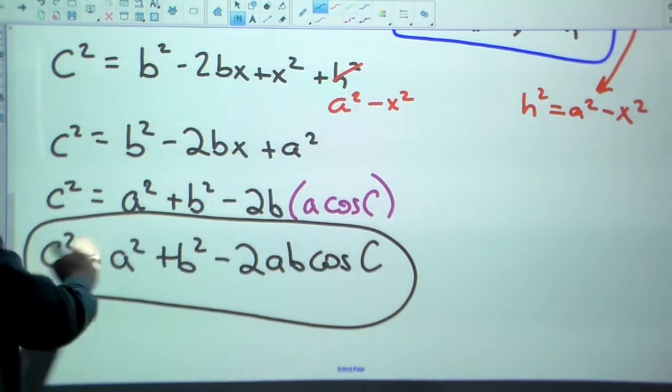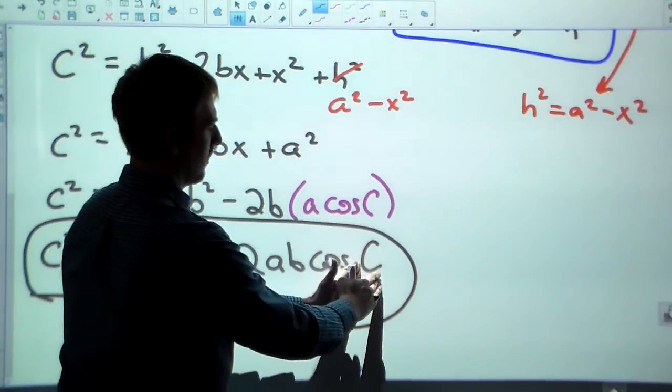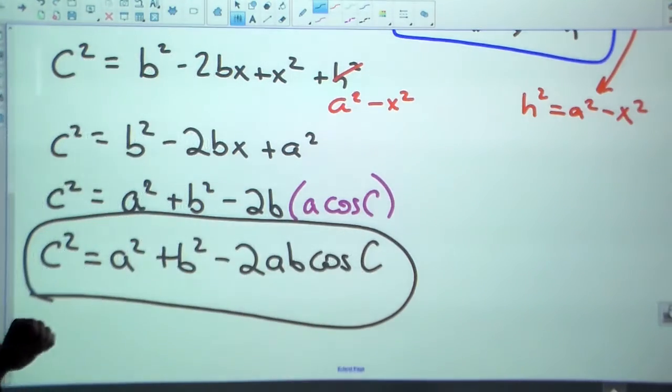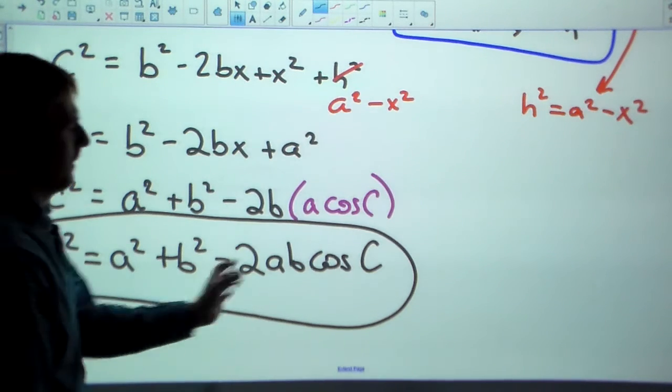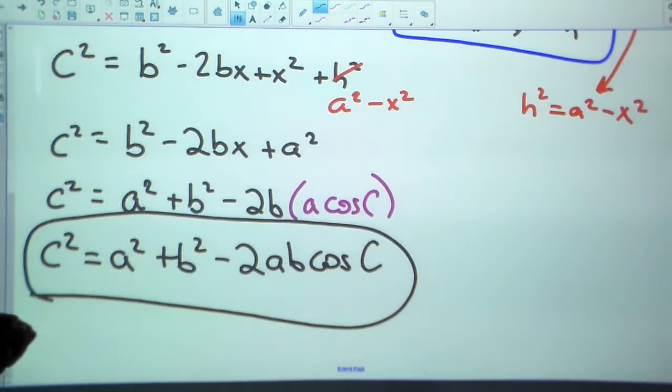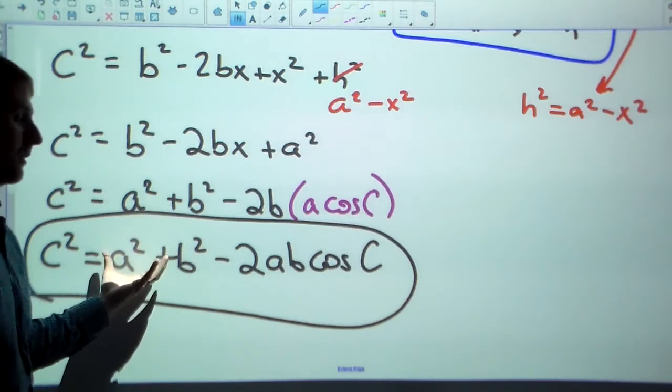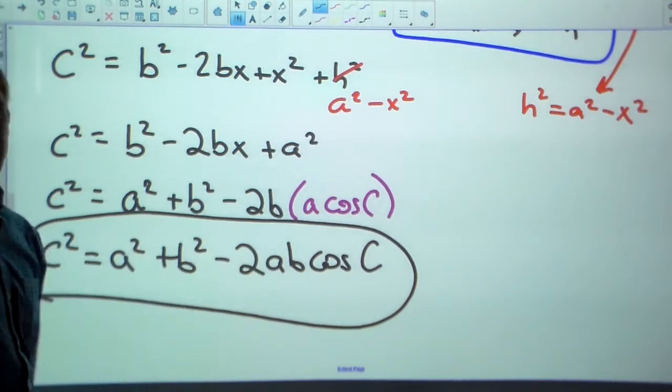Whatever side you have over here by itself, the angle across from it is the angle you're taking the cosine of. It doesn't matter what you call a, b, and c. That's what it comes down to. Whatever side you have by itself here, the angle you take the cosine of over there. And then the other sides just go in these spots.